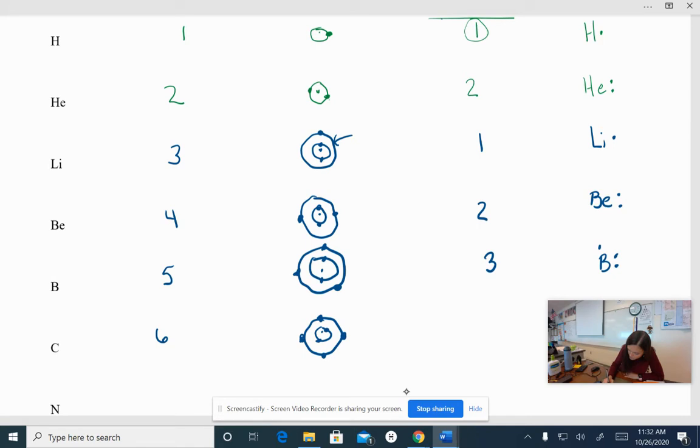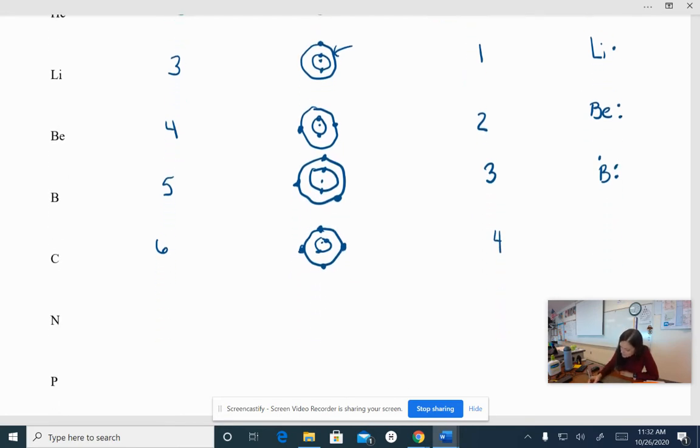So I will have 4 electrons on that outer ring, so I will have 4 valence electrons, which leads me to write my carbon with 4 dots around it, showing that I have 4 valence electrons.